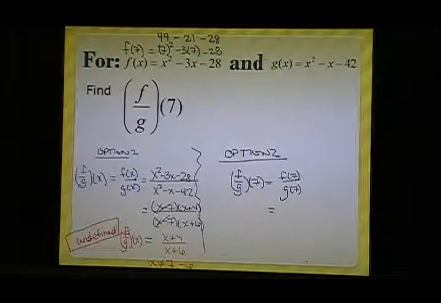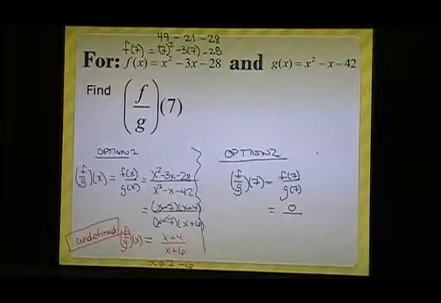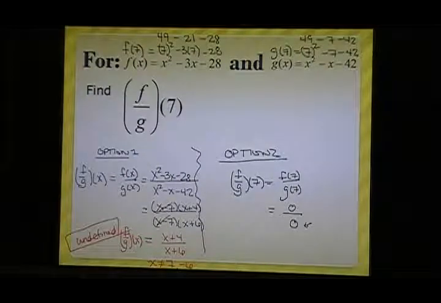That would be 0. If we substitute 7 into g, we already know that that's going to be 0, but we can go ahead and go with it. So that would be 7 squared minus 7 minus 42, and 49 minus 7 minus 42, that is also 0. And the 0 in the top is not important. What really guides us is this 0 in the denominator.